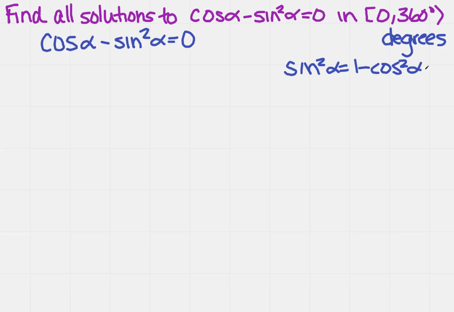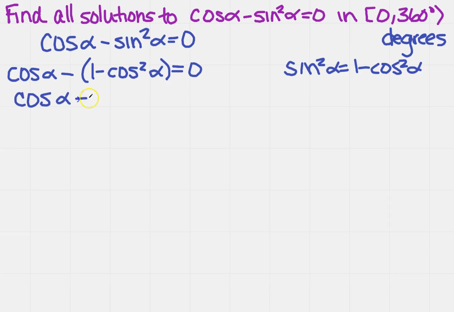So now I'm going to plug that into my original. I get cosine of alpha minus, now it's that whole thing, 1 minus cosine squared alpha, equals 0. Then I distribute the negative, so I get cosine alpha minus 1 plus cosine squared alpha equals 0.